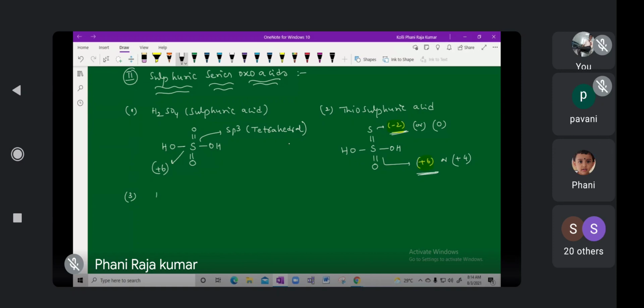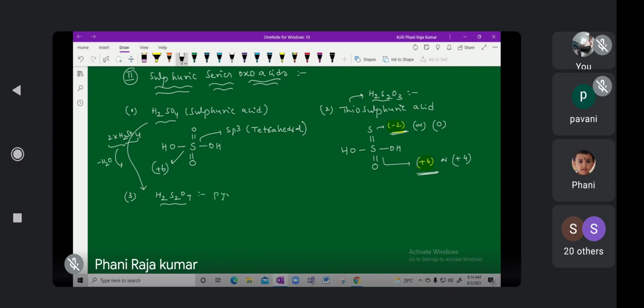Next we have H2S2O7. In this sulfuric series, thiosulfuric acid formula is H2S2O3. Now H2S2O7. From this, double the formula, 2 into H2SO4 and minus H2O gives H2S2O7.